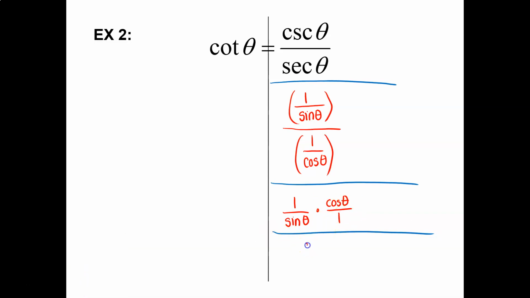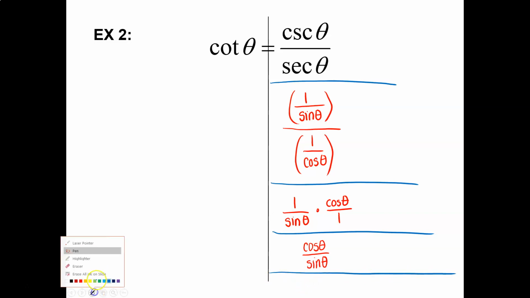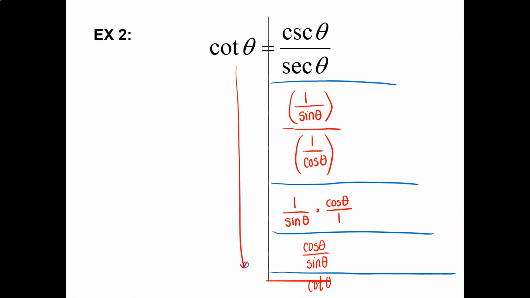So it's going to be cosine theta divided by sine theta. And what does that equal? It is not tangent, but cotangent of theta, which is what we have on the other side.